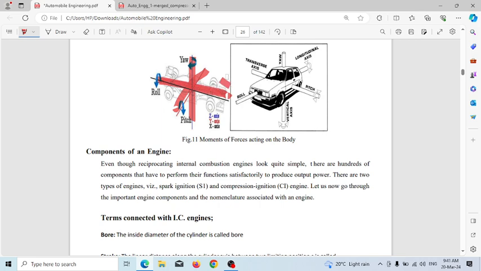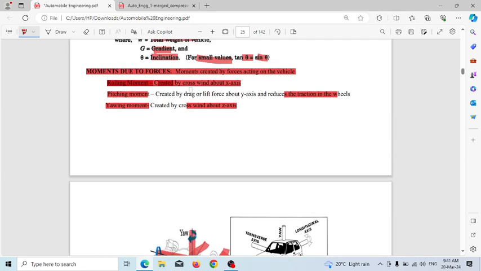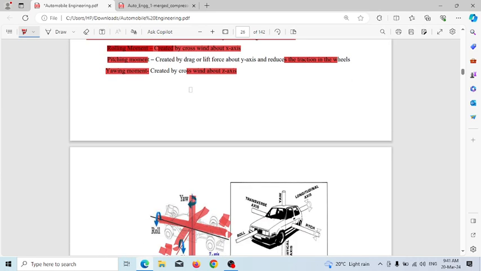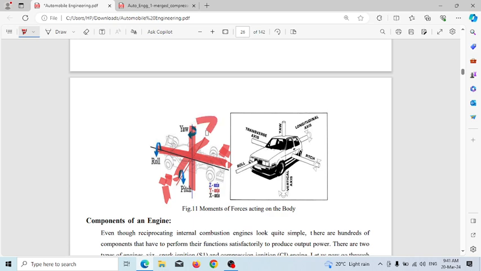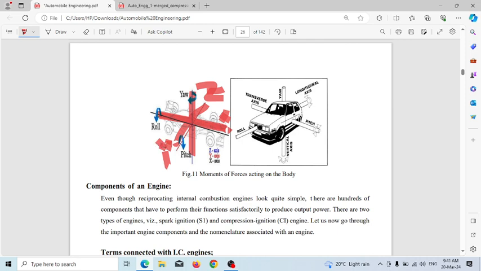This is the x-axis, this is the y-axis, this is the z-axis. If the wind causes movement about the x-axis, then this is called rolling.